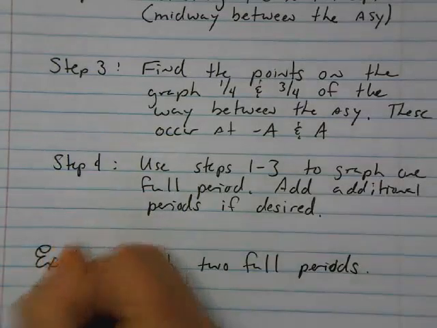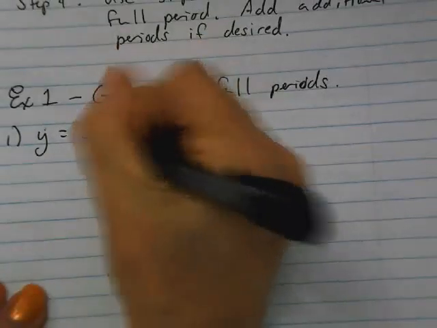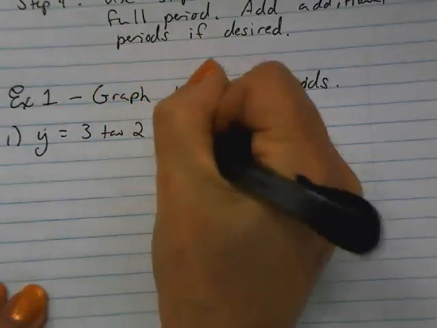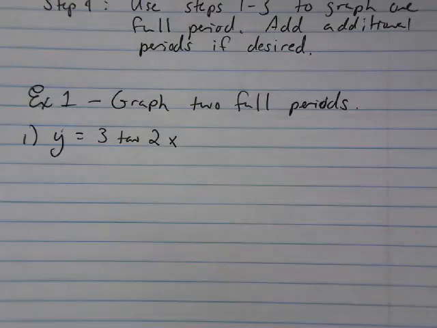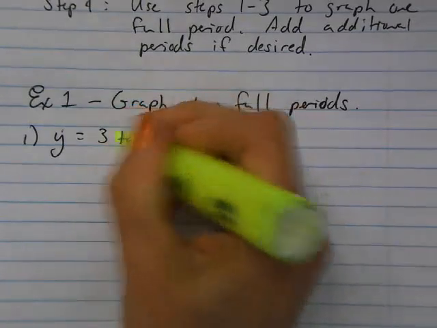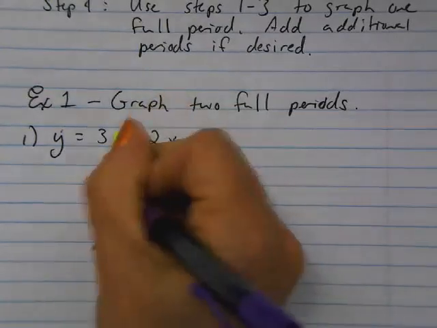So the first thing I want to determine is, which trig function am I graphing? Tangent. So in step 1, what goes at either side when I graph the tangent function? Negative pi over 2 and positive pi over 2.